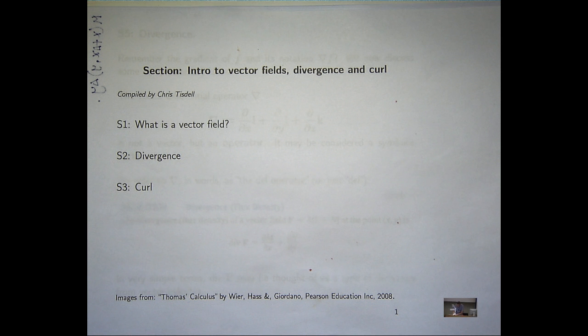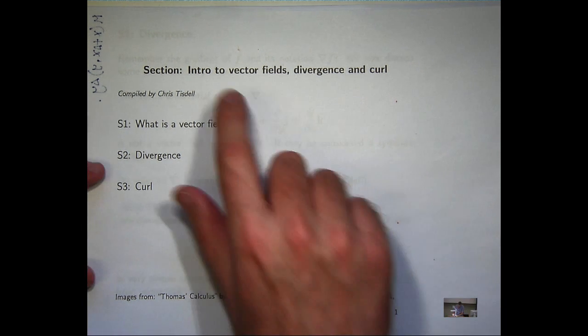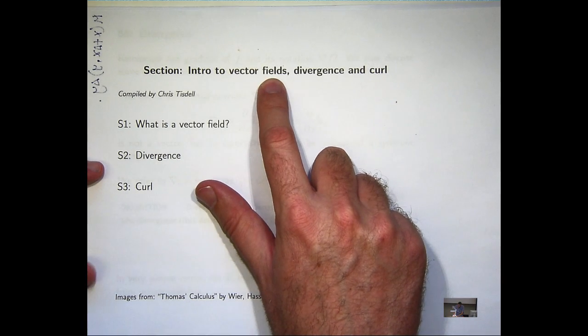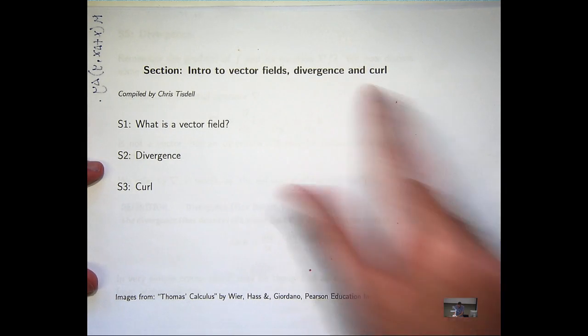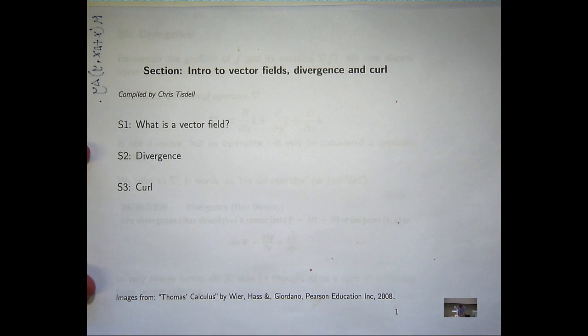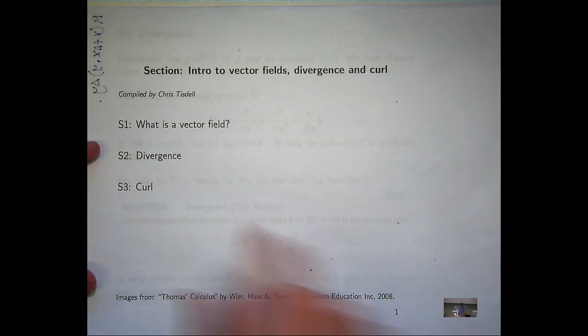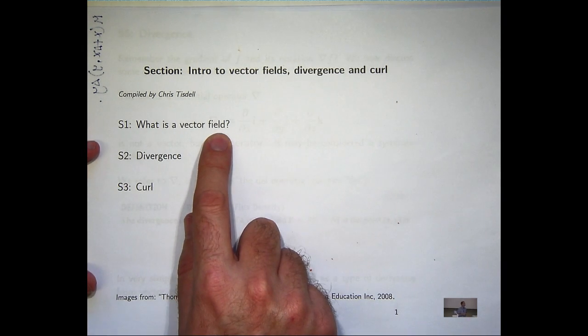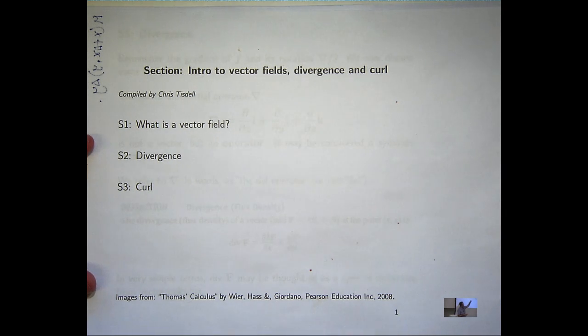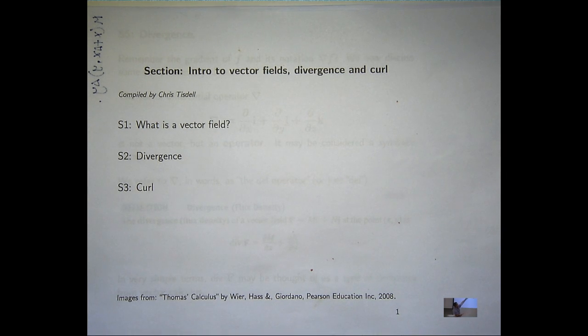Hi again everyone. In this video we're going to continue our look at vector fields and some of the basic operations of vector calculus. Now in a previous video I introduced the concept of a vector field and we discussed the need for a vector field and we sketched some graph type vectors associated with particular vector fields.